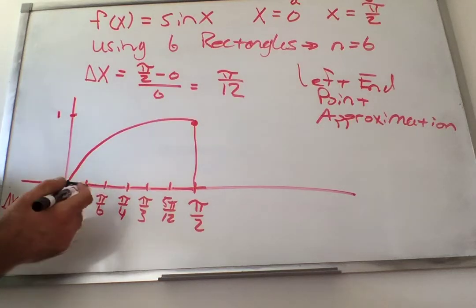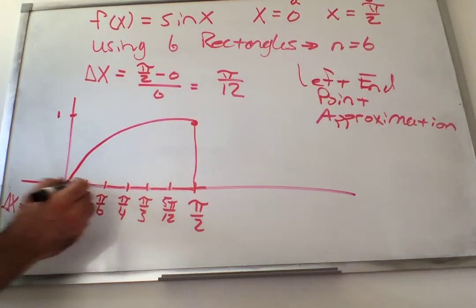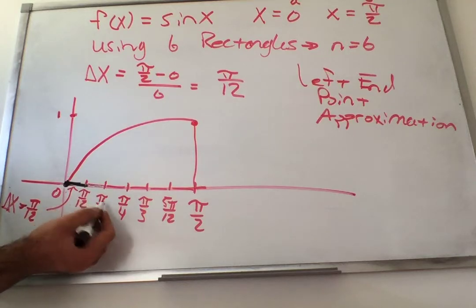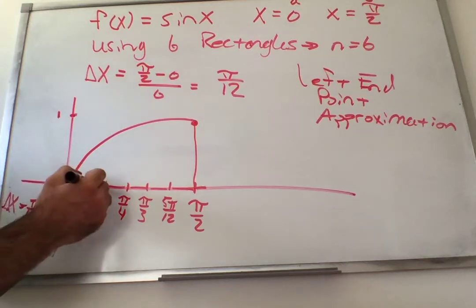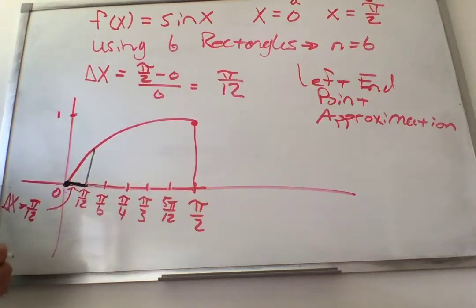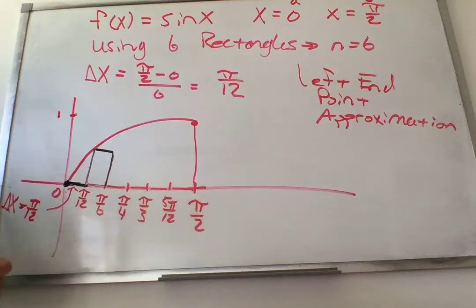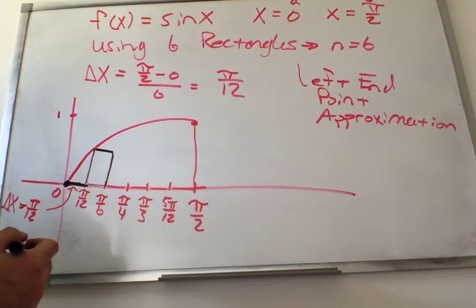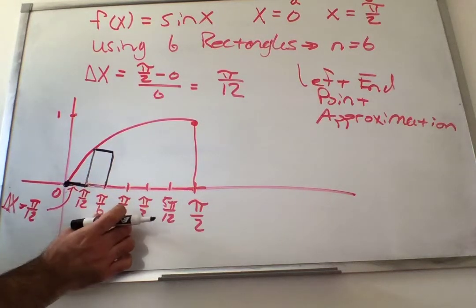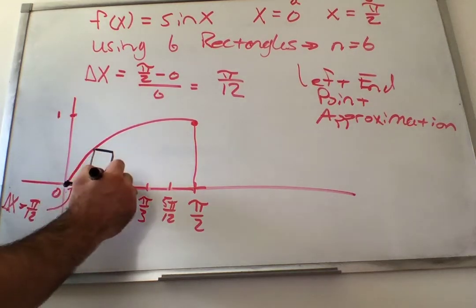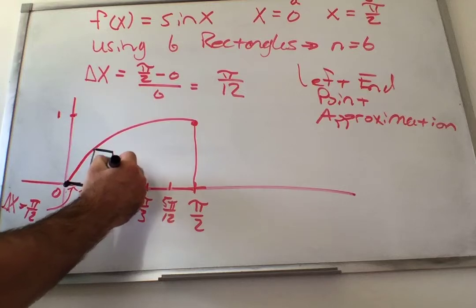Now at pi over 12, for this next interval right here, between pi over 12 and pi over 6, I'm going to choose the left endpoint. I'm going to draw a line up to the graph, and I'm going to draw a rectangle like that. Then between pi over 6 and pi over 4, I'm going to choose the left endpoint, pi over 6, and yes, they will overlap.